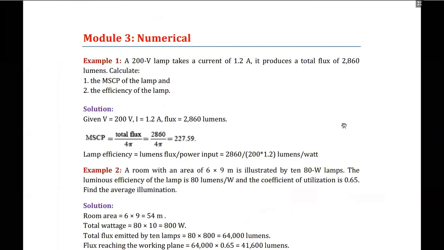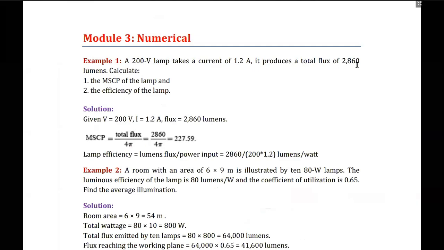हाँ. तो भाई कुछ सिंपल न्यूमेरिकल्स है, जस्ट फॉर्मूला बेस्ड है. अगर यूनिट्स और डिफिनेशंस को समझ रहे हो तो इजीली इसको सॉल्व कर सकते हैं. देखो फर्स्ट एग्जांपल में हमारा क्या है. A 200 watt lamp takes a current of 1.2 ampere.